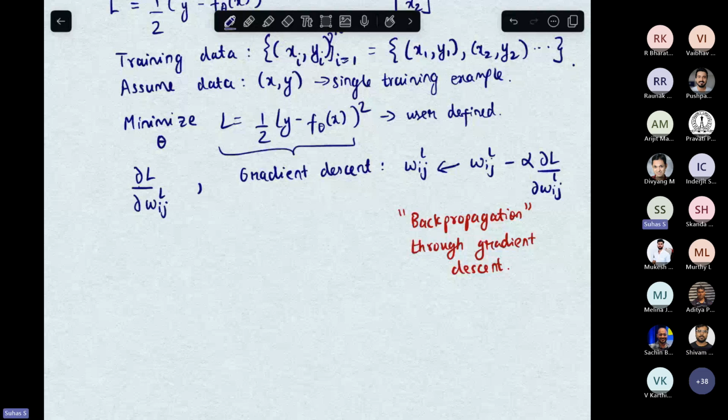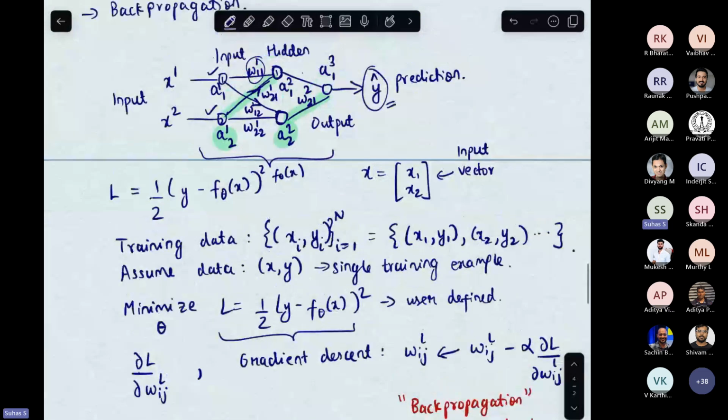Yes, sir. Another question. Sir, I had a doubt on the loss function. Since this is a squared value, how do we know if we're shooting above the value or below the value in that scenario? So you have your prediction, y hat, from the network. And what is y hat? Y hat is actually f theta of x. It is what your neural network gives you.